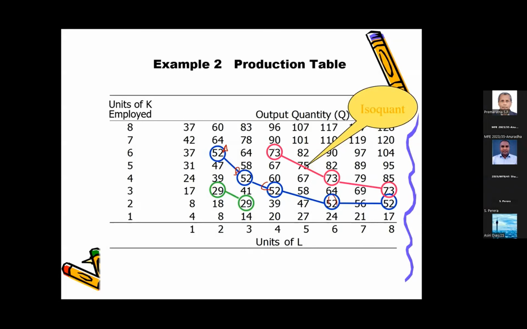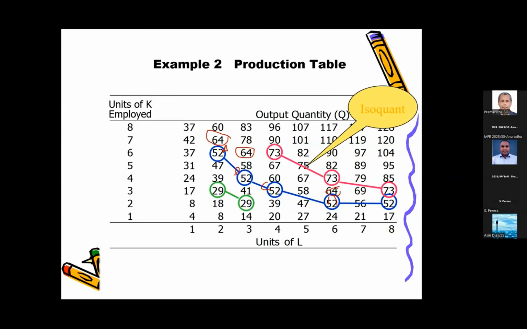And 73 also like that, 64 also like that. All the numbers may be different, not one single combination. That is the point also. If only one single combination reached technical efficiency, no issue. But here, not like that. There are many combinations which show technical efficiency. All the values here are technically efficient.